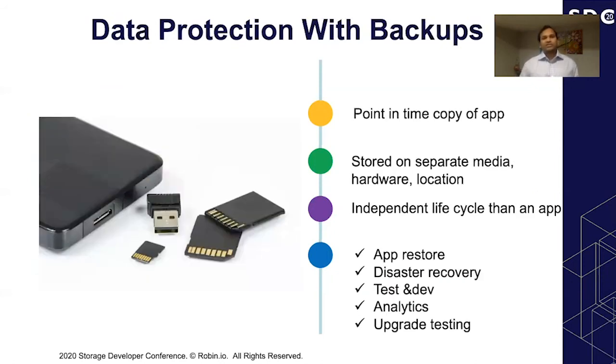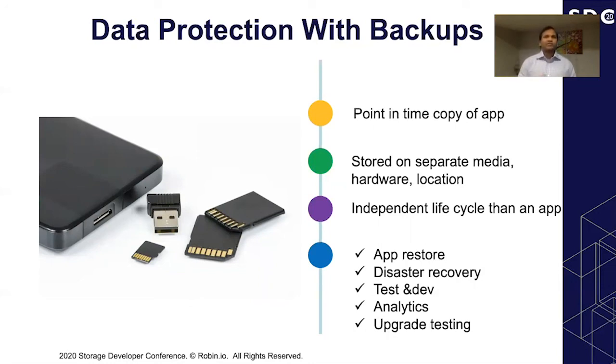Let's see what the next data protection is. With backups, we can protect the data. This is a little different from a snapshot, wherein backups are again a point-in-time copy of the app, but they are stored entirely on a different media, different hardware, different location, with different policies and catalogs to maintain the backups, and they have a life cycle independent of the app.